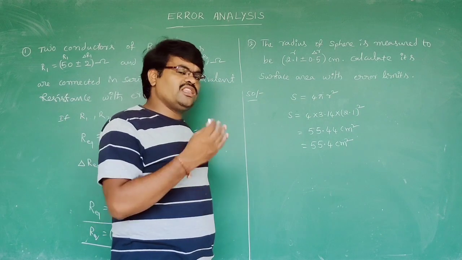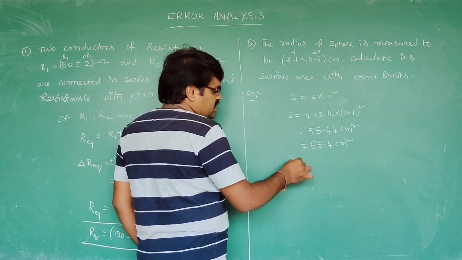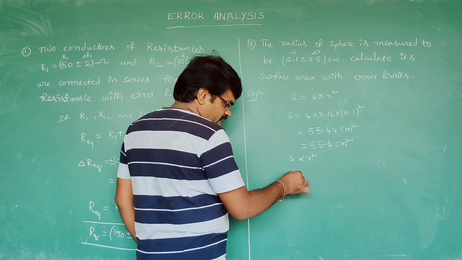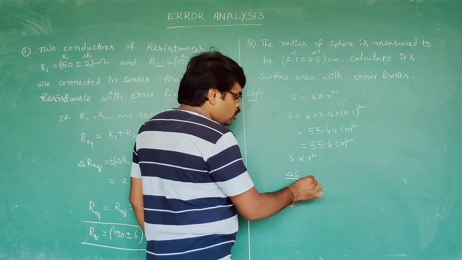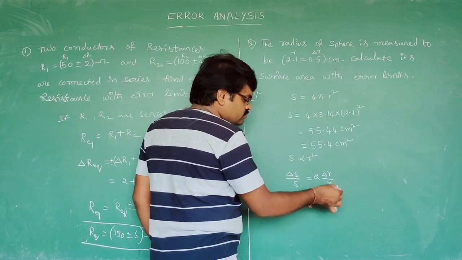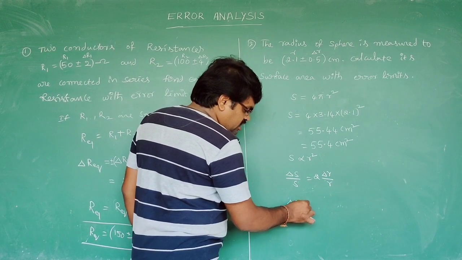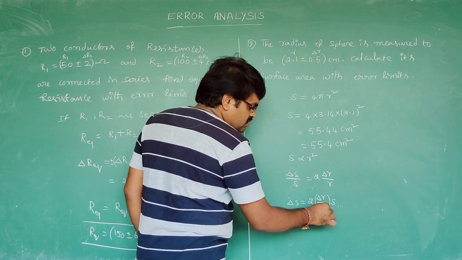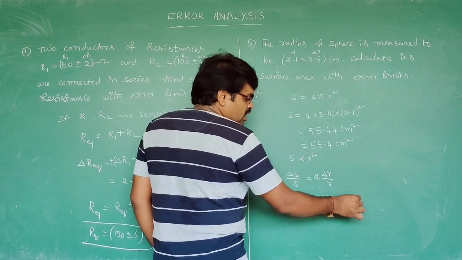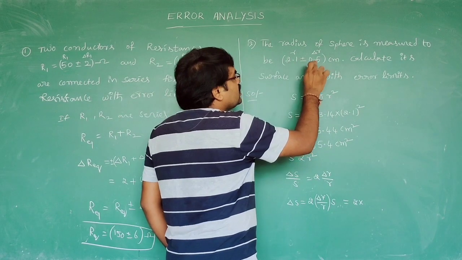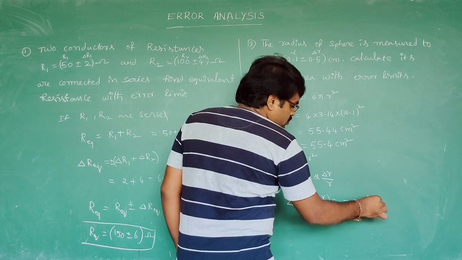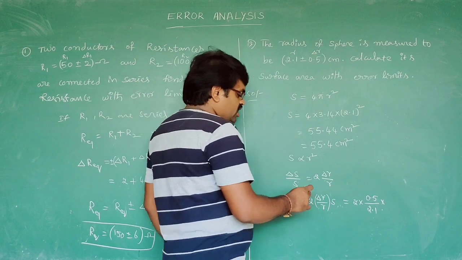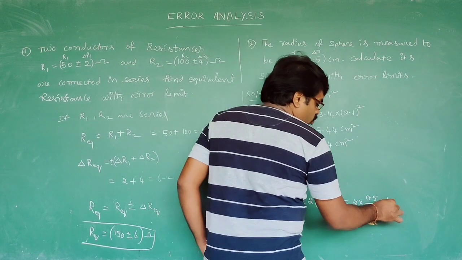Now we find the error in the surface area. S is proportional to r², since 4π is a constant. That is delta S by S equals 2 times delta R by R. Then delta S equals 2 × (delta R by R) × S. Now we substitute: 2 × 0.5 divided by 2.1 × the S value 55.4.